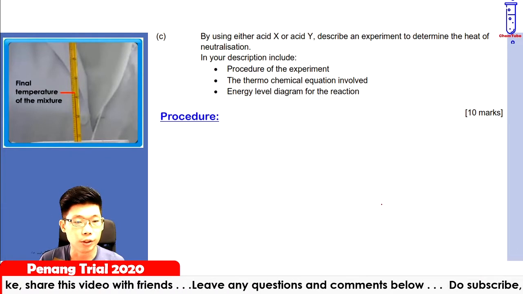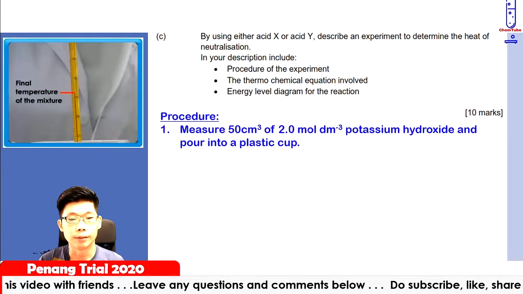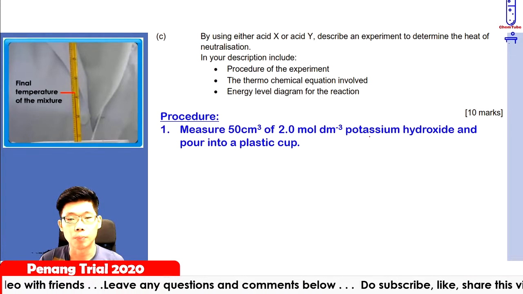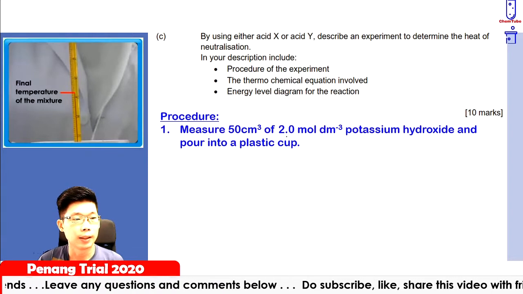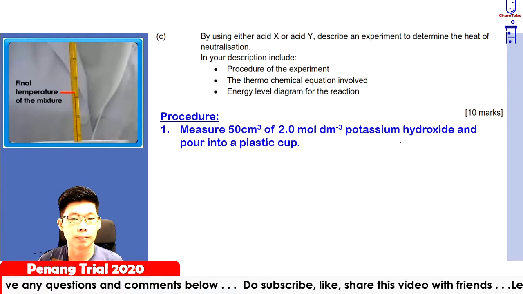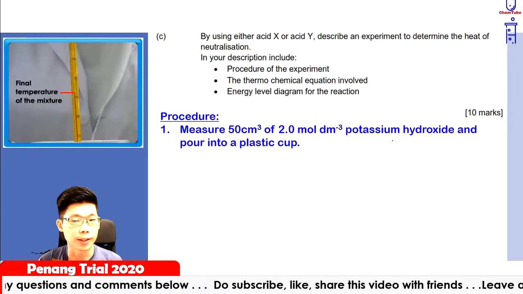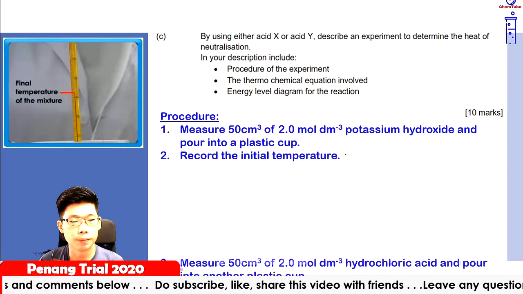So the procedure: measure 50 cubic centimeter of 2 mole per cubic decimeter potassium hydroxide solution and pour into the plastic cup. Just now the video used sodium hydroxide, but here we use potassium hydroxide in the question. Then record the initial temperature.